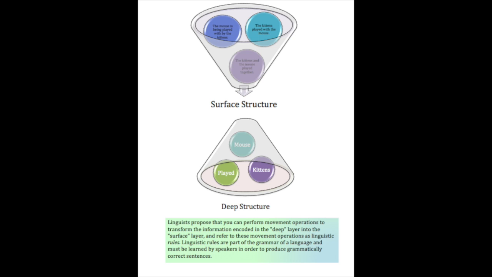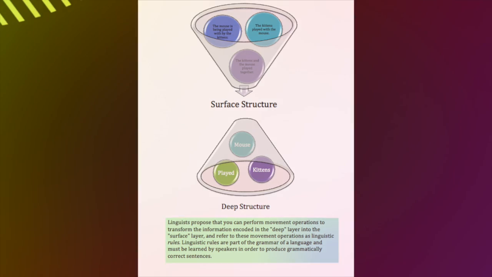It consists of the words and sounds produced by a speaker or writer and perceived by a listener or reader. You can also produce a sentence like, "the mouse is being played with by the kittens," or "the kittens and the mouse played together." Here, the order in which you mention the two characters, the surface layer, is different from the first sentence, but both sentences are derived from the same deep representation.